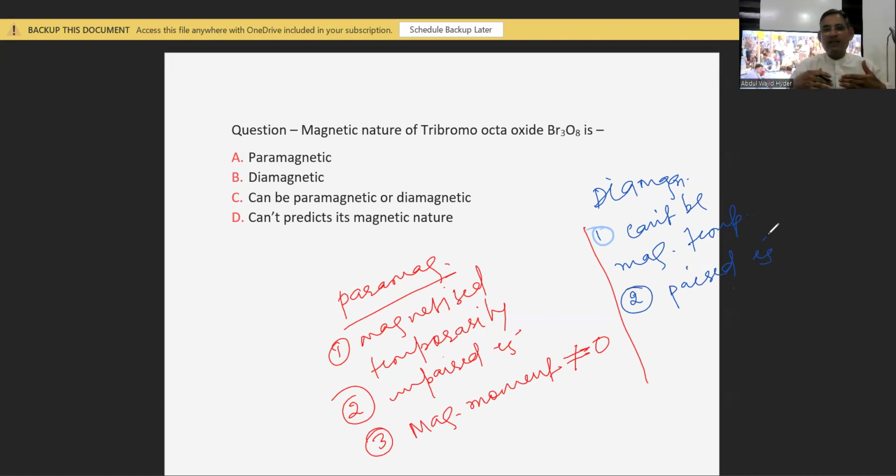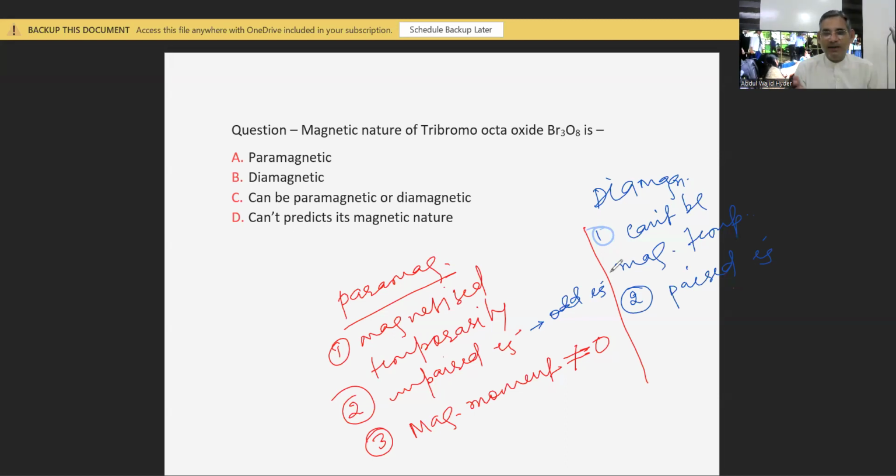See how mathematically you can decide whether unpaired electrons are there or not. If any species has an odd number of electrons, it will always be paramagnetic in nature. You know, 1, 3, 5, 7, 9, all these are odd numbers of electrons and can't be paired, so will always be paramagnetic.